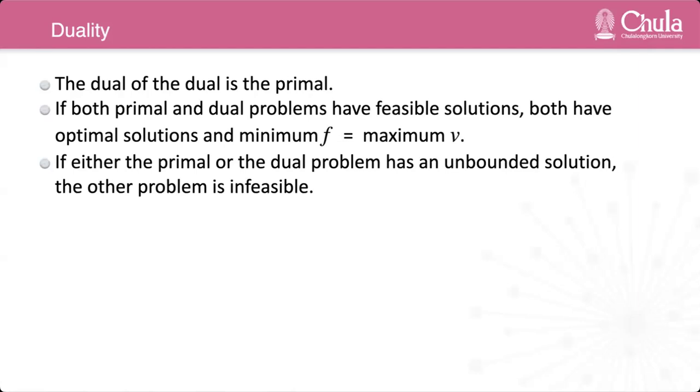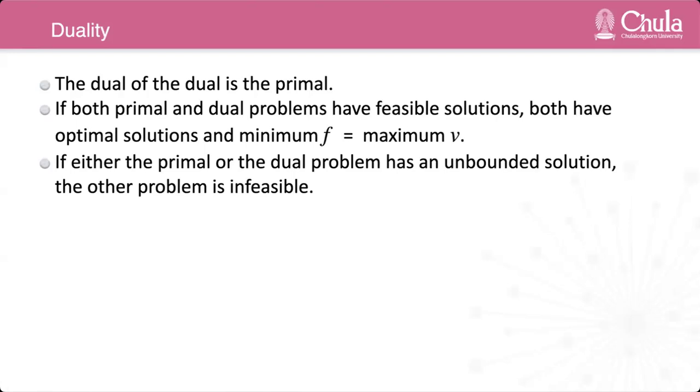If both primal and dual problems have a feasible solution, both problems have an optimum solution and minimum F equals maximum V, okay?